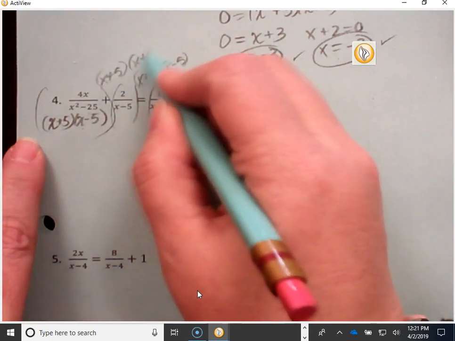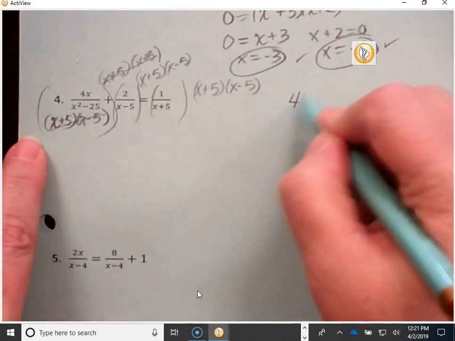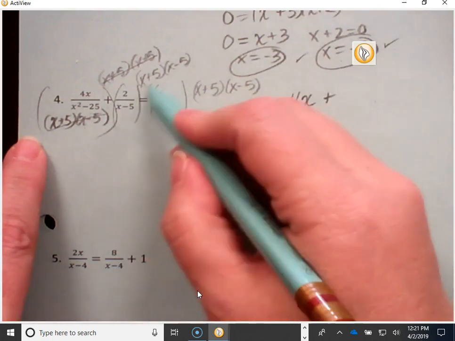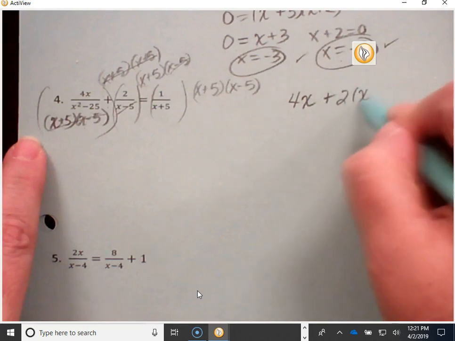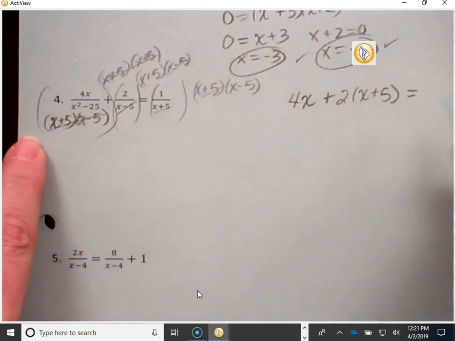And this is why I think it's helpful to write it out. Because when I do that, I can see it cancels here, which gives me just 4x. Plus 2, the x minus 5's cancel, which gives me 2 times (x plus 5), equals the x plus 5's cancel, which gives me x minus 5.